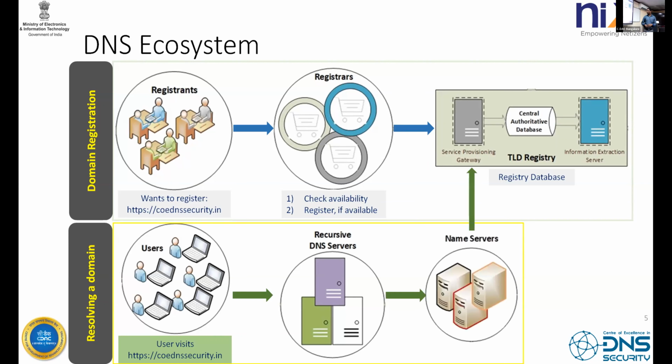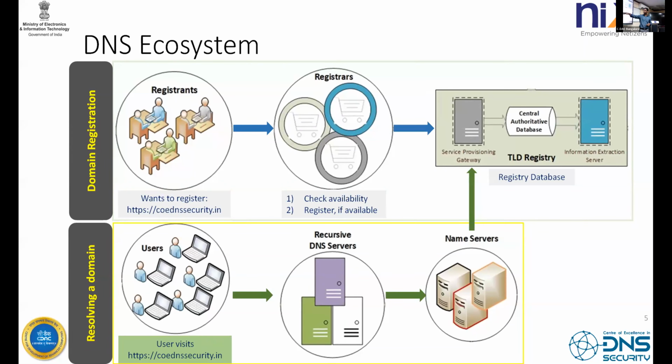These recursive resolvers then contact something called name servers. If you recollect the previous session by Dr. Santosh, authoritative name servers was the word he used. I have used the word name servers. Both serve the same purpose. Name servers are the ones which have access to this database.